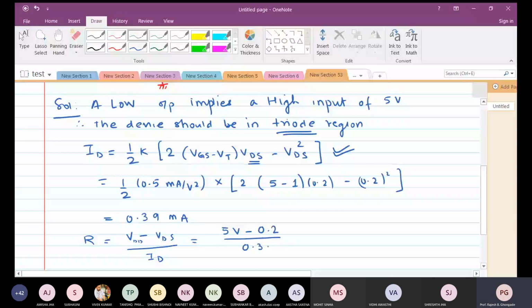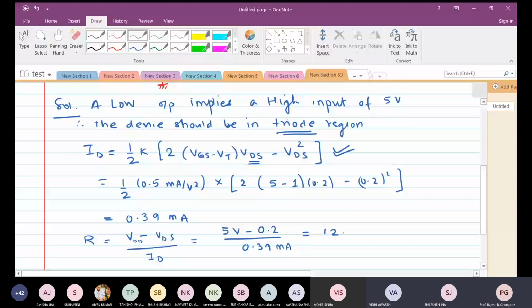What do I get? Come on, tell me. Sir, 12.3 kilo ohms.